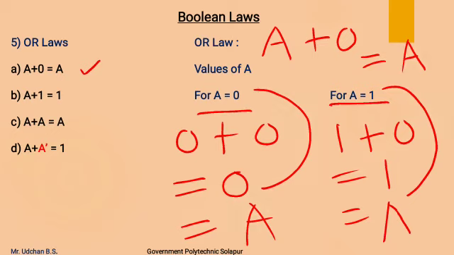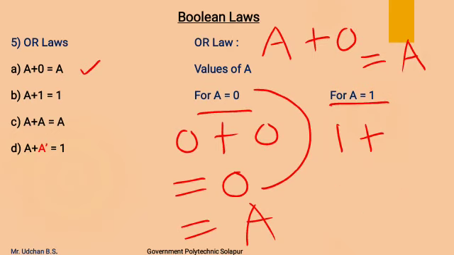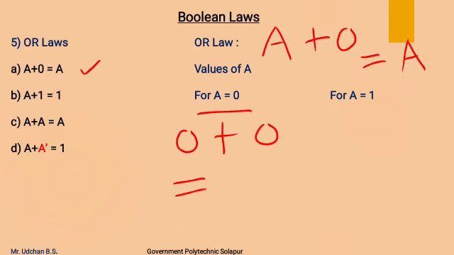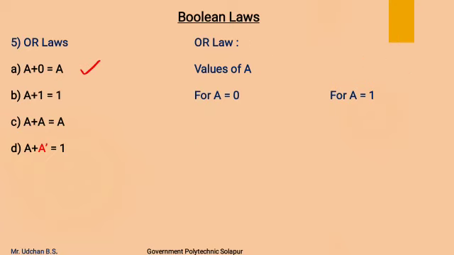Second OR law is a plus 1 equal to 1. Again we will put the value of a as 0 and after that the value of a as 1.